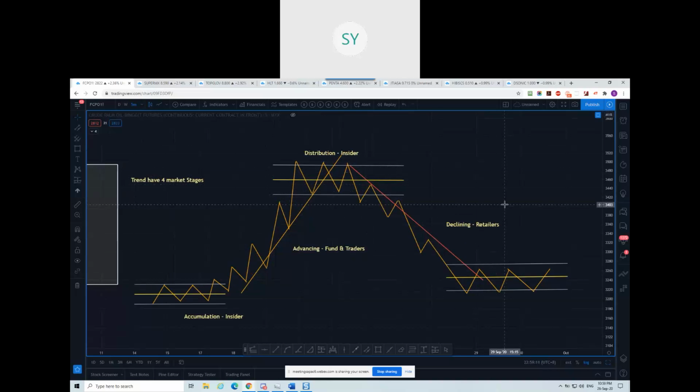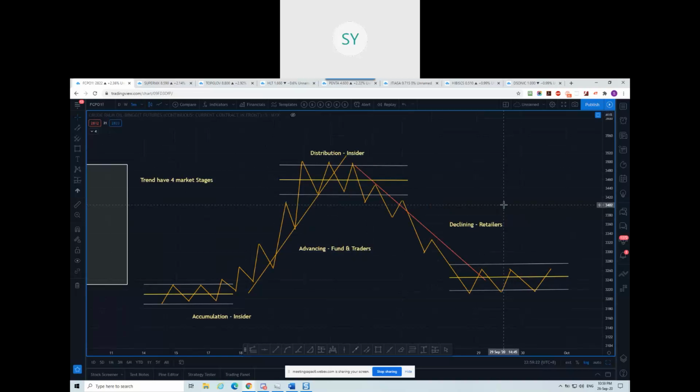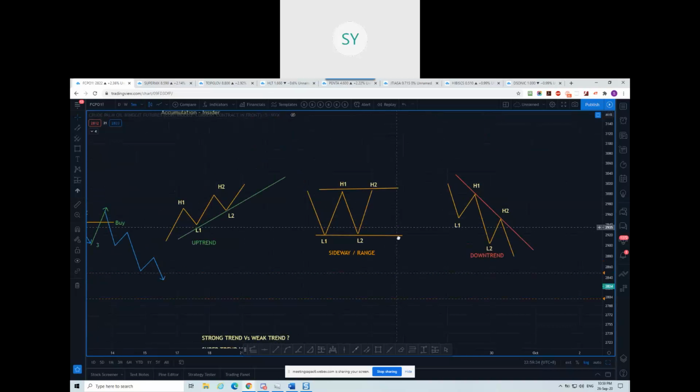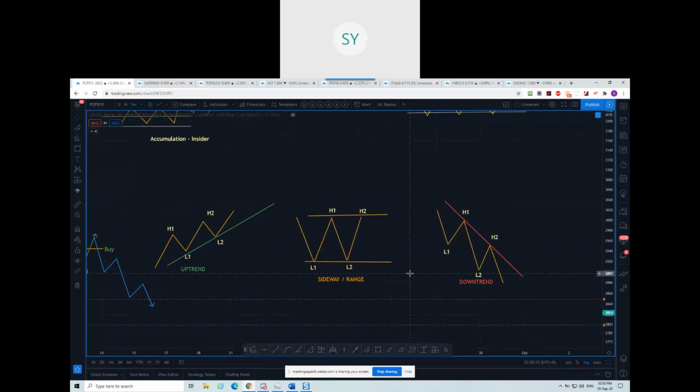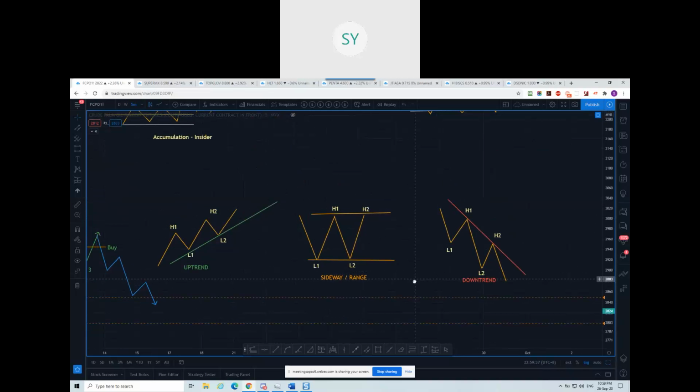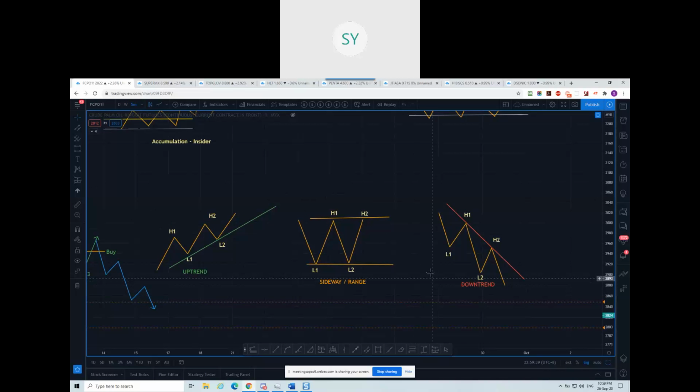As a trader, we must understand what we are doing because we are basically better than the retailer. That's why you all want to learn technical analysis, and also want to sharpen your skill to trade, to have high probability trades in stock trading or investment. I will show you some charts.